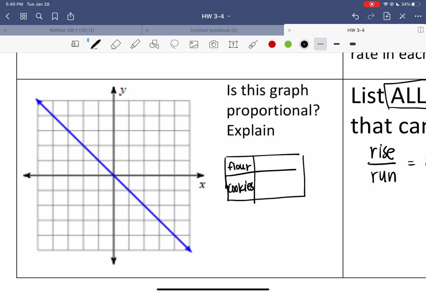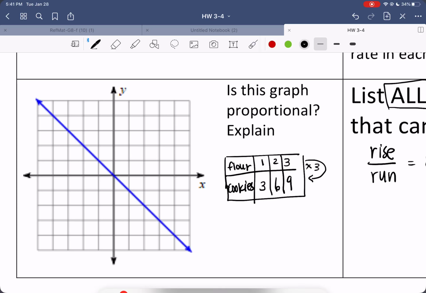So remembering that if it's proportional, if we have 1 cup of flour, that makes 3 cookies, then 2 cups of flour will make 6 cookies. And so on, 3 cups of flour will make 9 cookies. So we're multiplying by 3 to get from here to here.